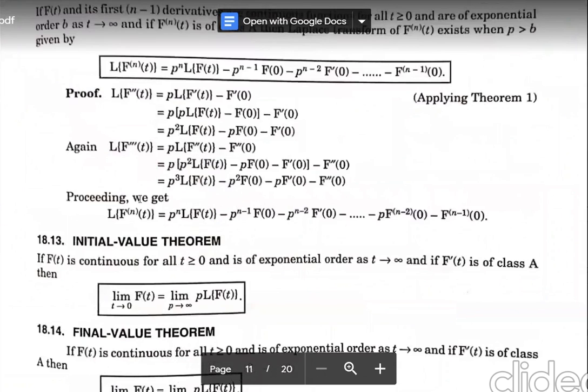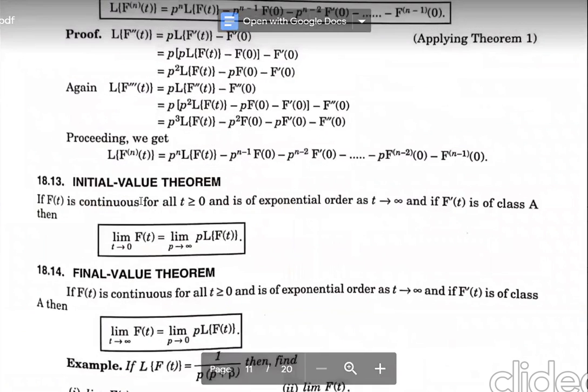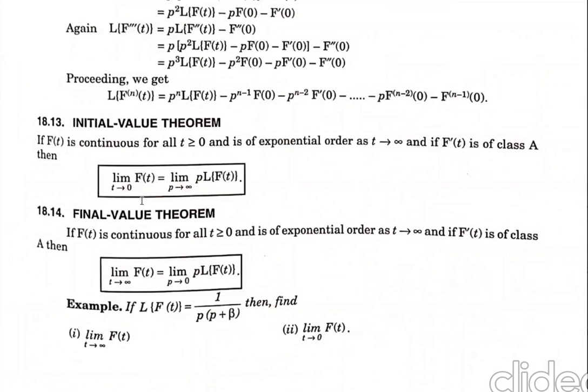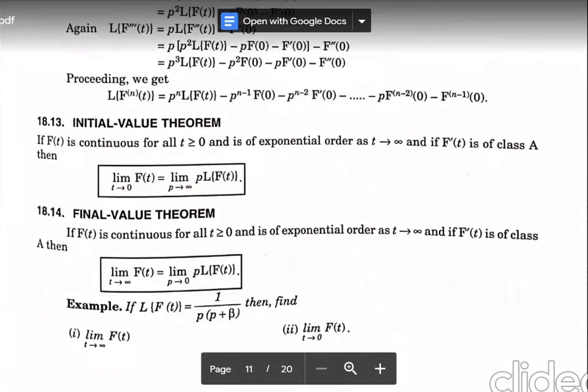So from this, there are some theorems you need to understand. First one is your initial value theorem. What is the initial value theorem? Let us consider f of t is a continuous function for all t greater than 0. Continuous function, obviously you know. And suppose this function f of t is of exponential order as t tends to infinity.